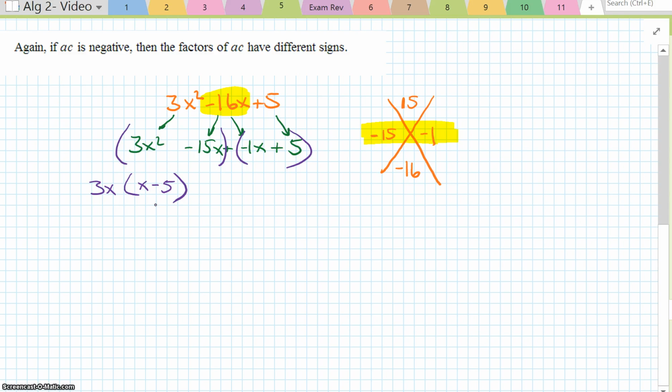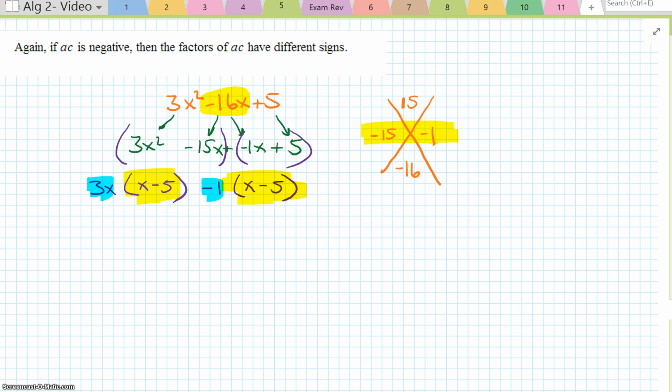What can I factor out on the right side to make the parentheses be x minus 5? I can factor out a negative 1. That'll give me x minus 5. By distributive property, since these two groupings are the same, I can add these two terms together and come up with a new factor: 3x minus 1, just combining the two coefficients in front of the parentheses, times x minus 5.